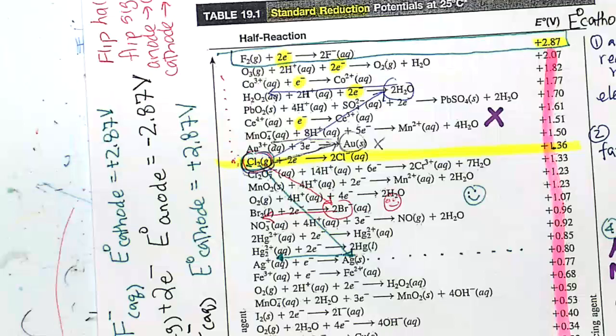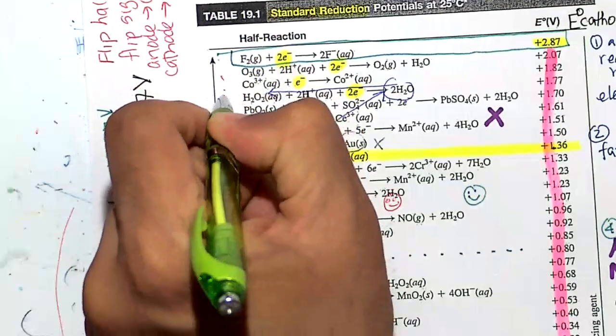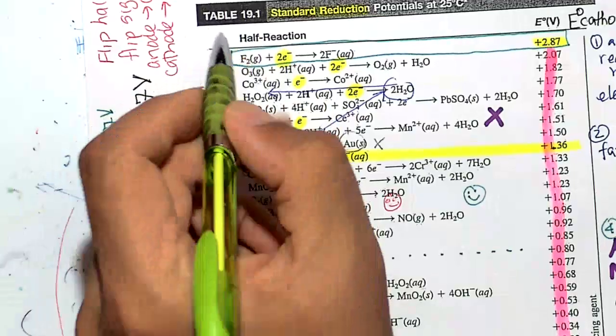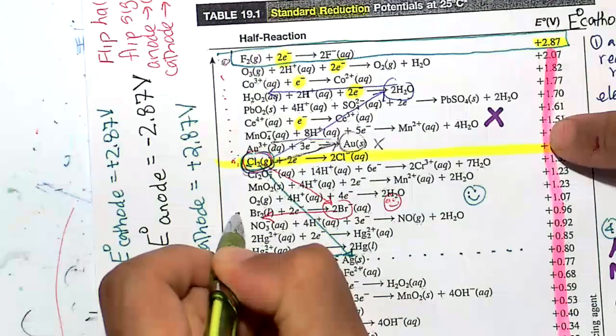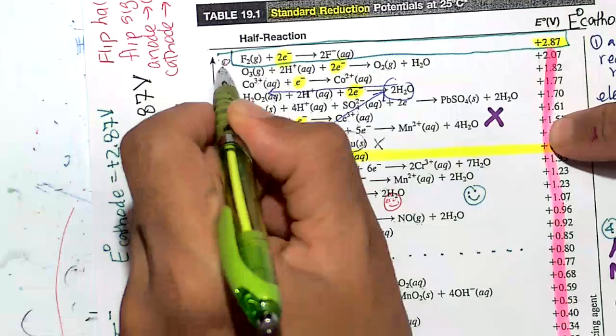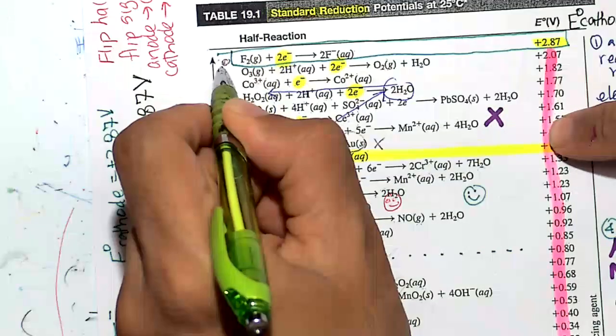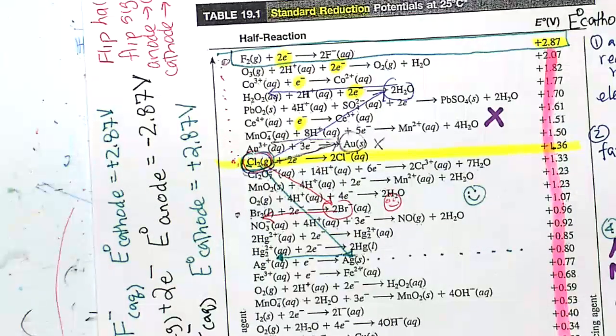So if I were to have our competition between Eric and Bailey, if Eric was here, let's say, and Bailey was here, and I am this, I can oxidize Bailey, but I cannot oxidize Eric. Eric can do what? He can oxidize me.